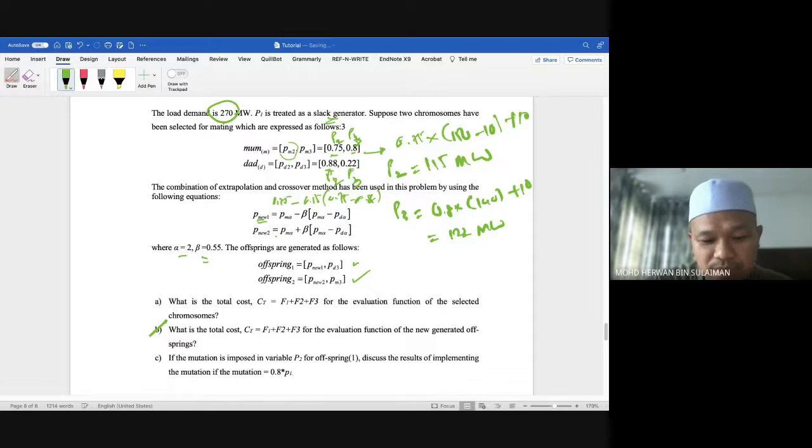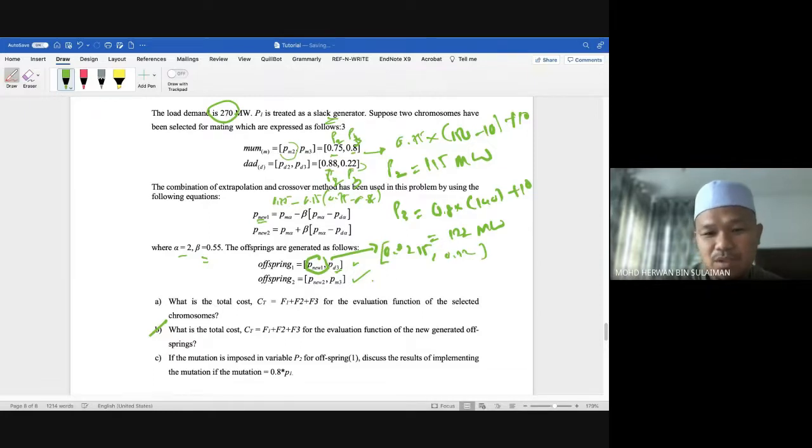The minus becomes positive, so 0.75 plus 0.0. So you get the value for P new is 0.8215. And then for the other one, P dad, you just put 0.22, meaning that this is offspring number 1.